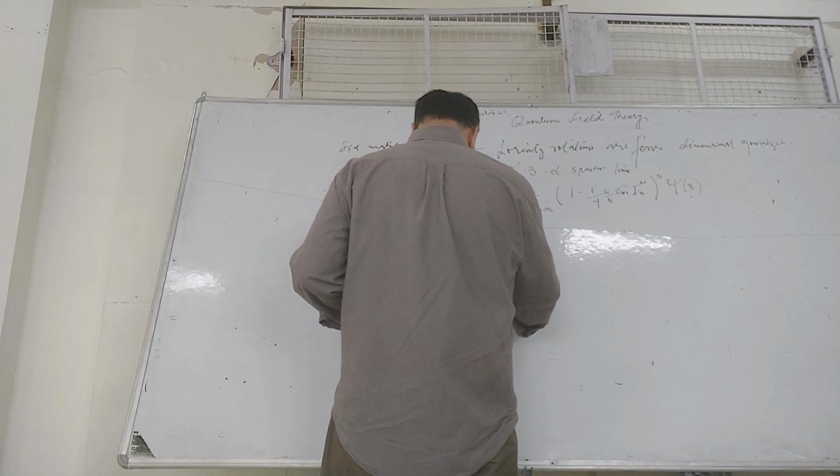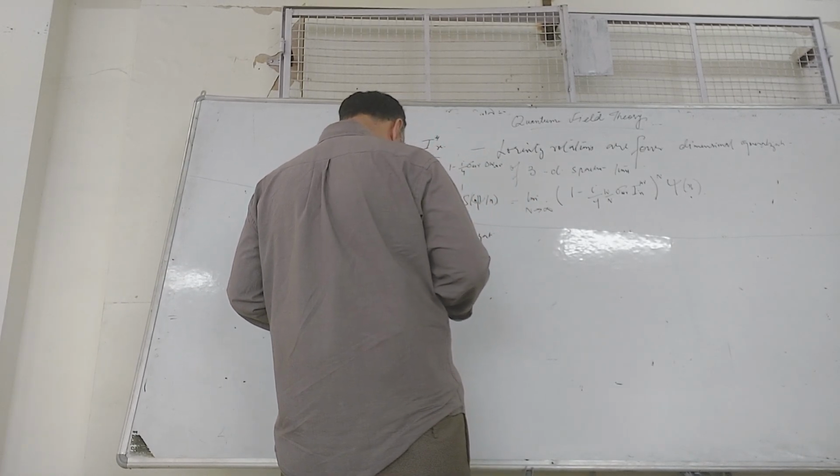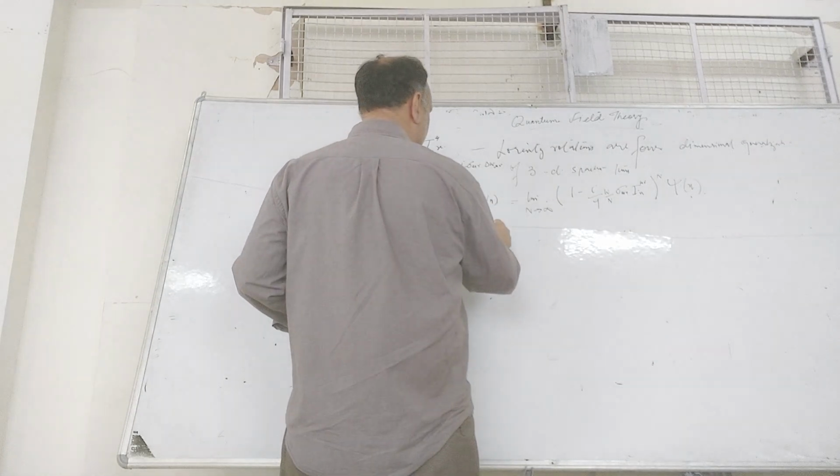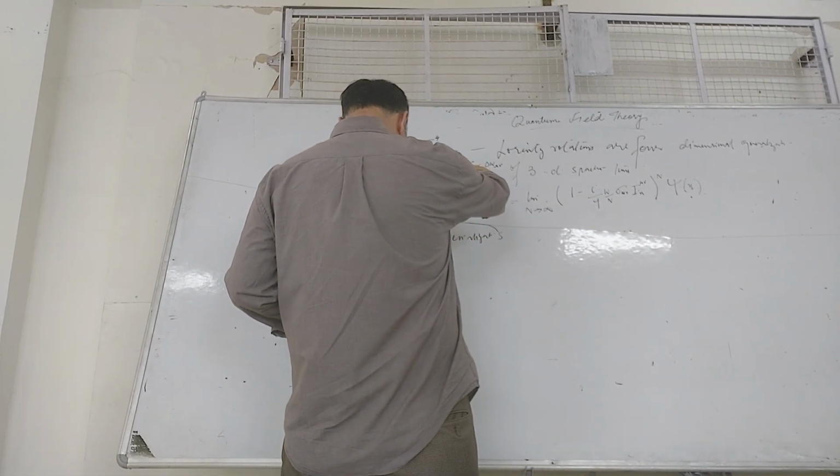Again, this transformation 19, if you remember, this S, you want to write S like this.